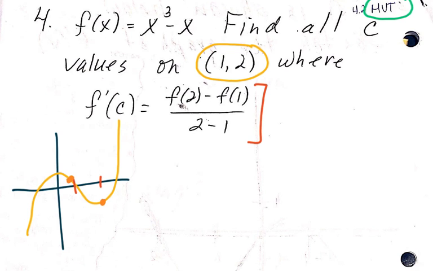The slope between those 2 points, kind of like this, whatever that slope is, there's got to be a c value, and c is x. There's some x equals c value somewhere between 1 and 2, where if I find the derivative, remember derivative is the same thing as the slope of the tangent line.